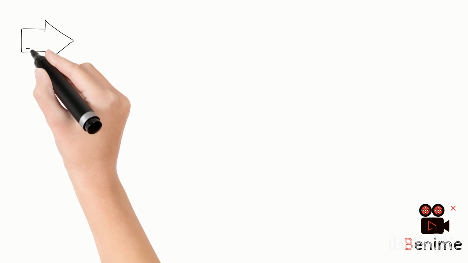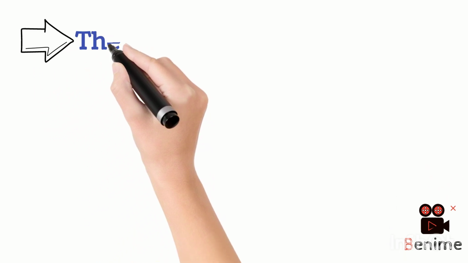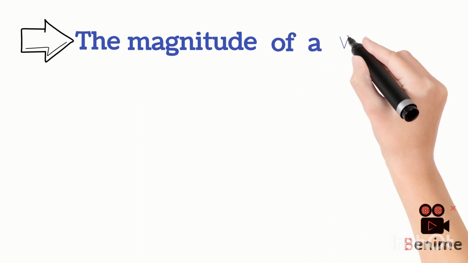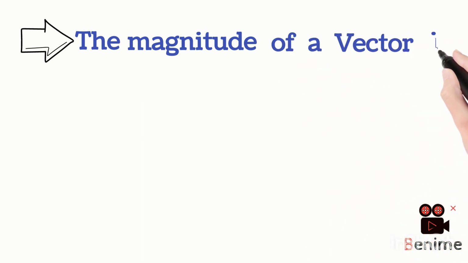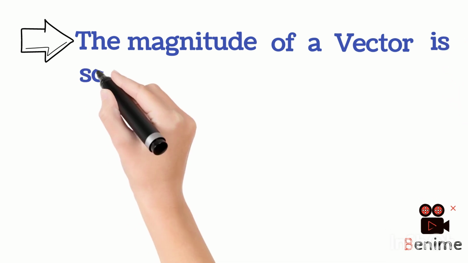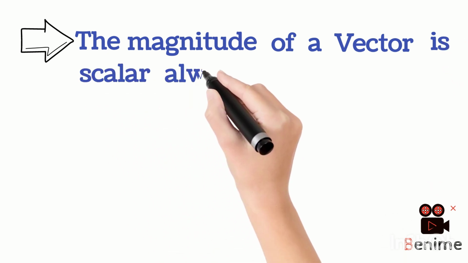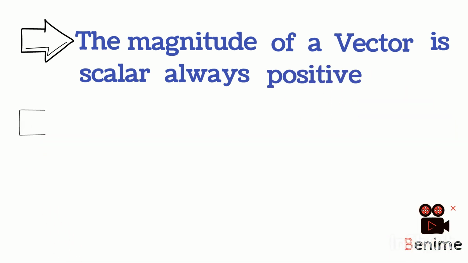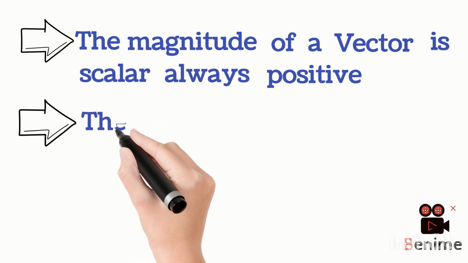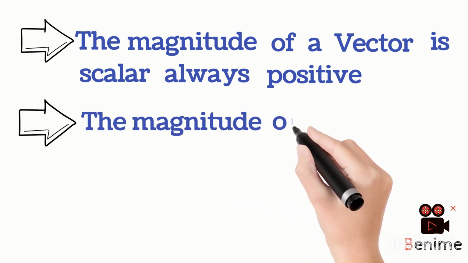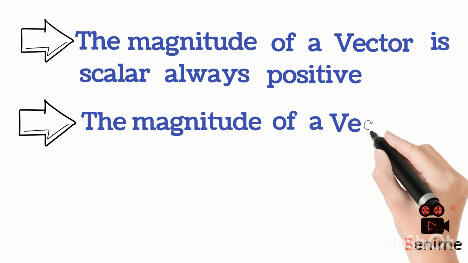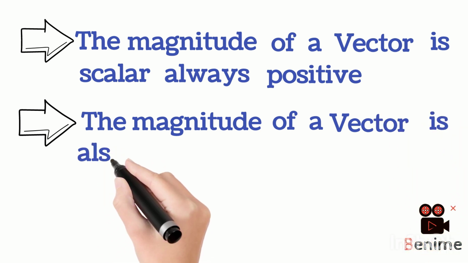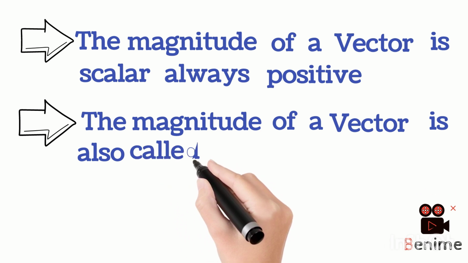The magnitude of a vector is scalar, always positive. The magnitude of a vector is also called the modulus of the vector.